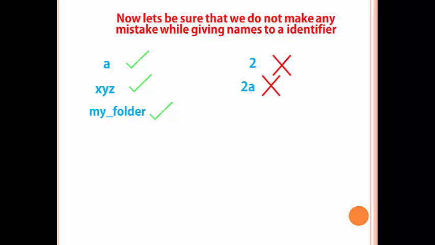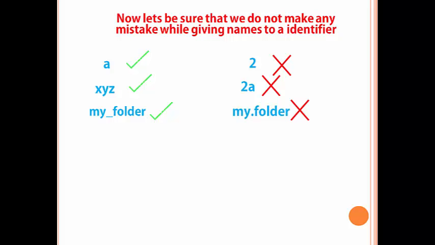Next, my_folder is correct, because if you want to give a name that is made up of two words, you can join them with the help of an underscore. You cannot have a space in between those words. So underscore is the special character that can be used, and it's correct. But if you write my.folder, it's wrong, because dot is not allowed.